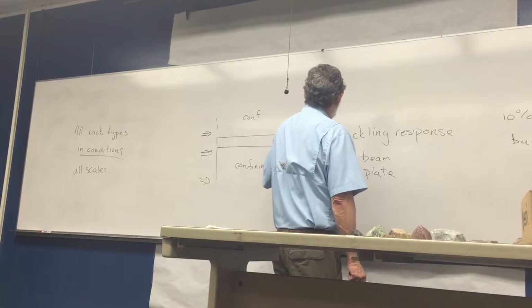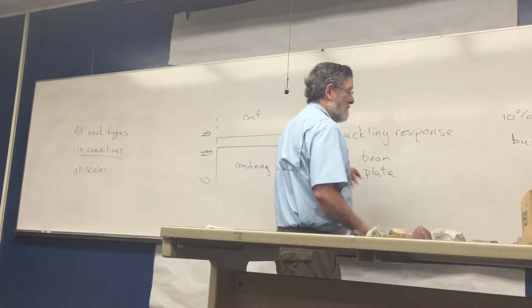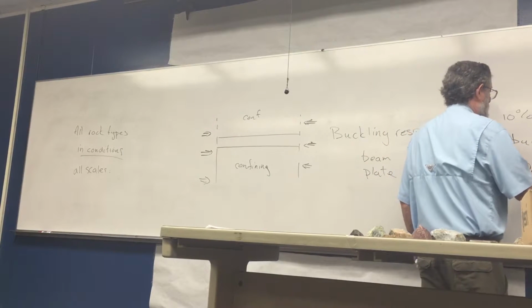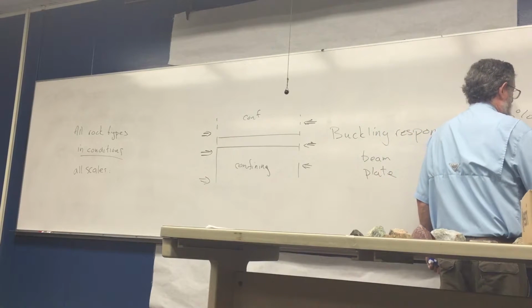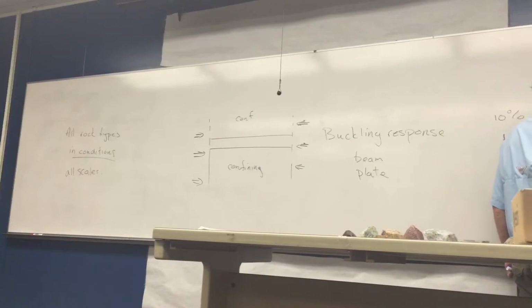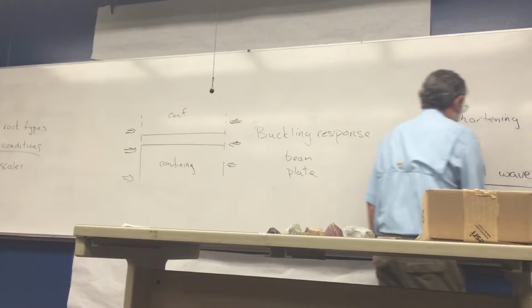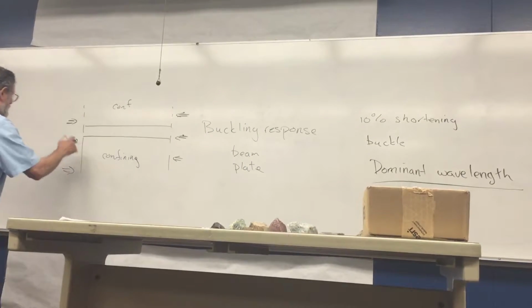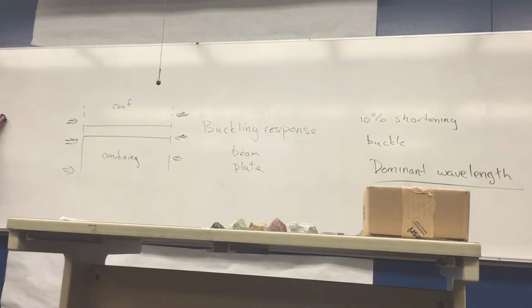In the case of a perfect beam, then we see what is called a dominant wavelength. We see a single wavelength that will develop out of our system, so that we will have this nice perfect fold that will develop.